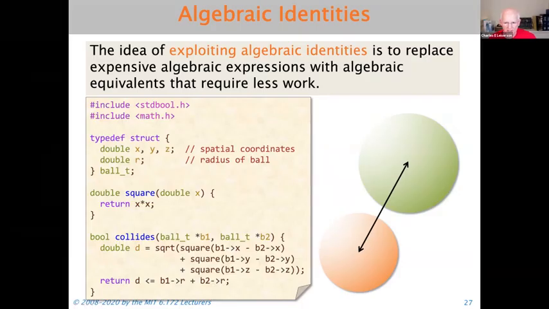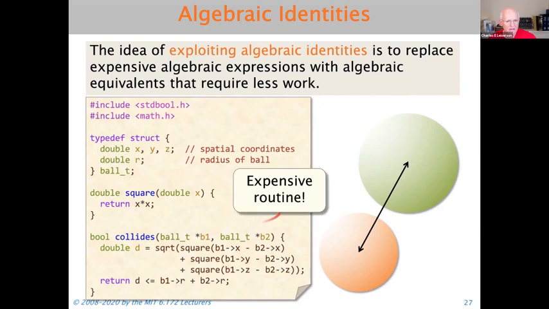Now, as I mentioned, the square root is typically 2 to 4 times the cost of a multiply on modern architecture. So if your code is doing a lot of collision detection, this could be suboptimal. Okay, so the expensive routine is this.